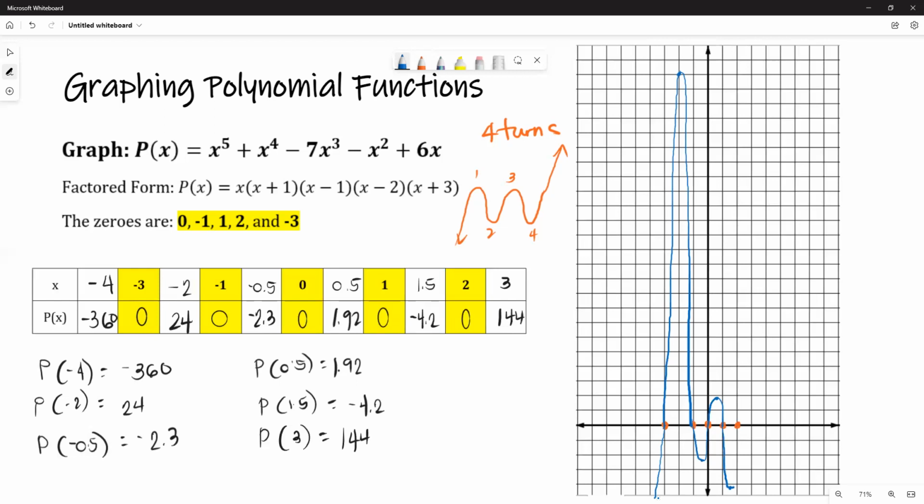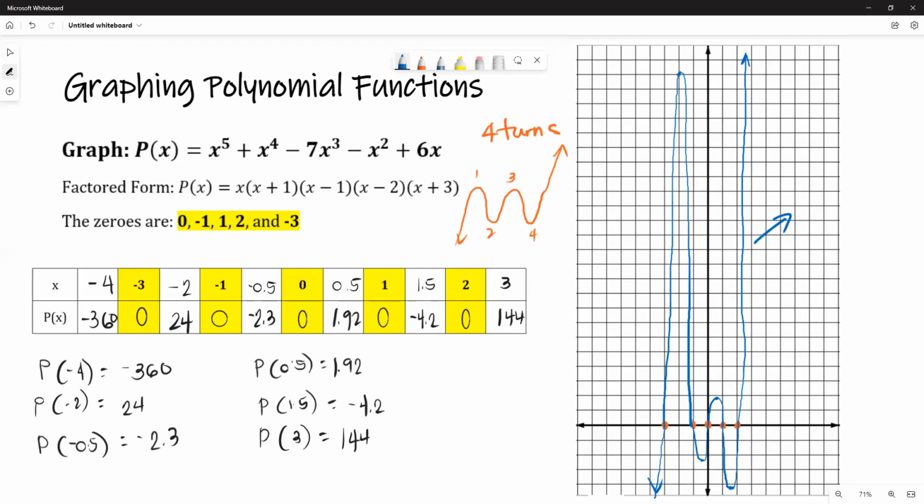And finally, 2, 0, going back to this point. And for the 3, it moves continuously going there. That's it. And that's how the graph of our given polynomial function looks like.